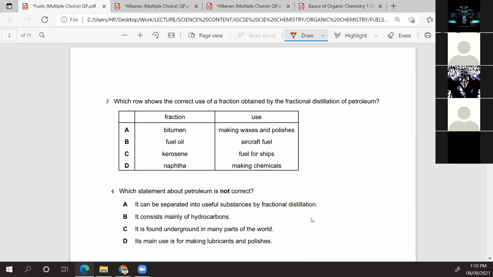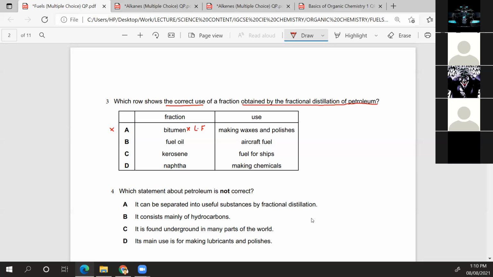Which row shows the correct use of the fraction obtained by fractional distillation of petroleum? Bitumen is not for making waxes and polishes. It is lubricating fraction. So this is not the answer. Aircraft fuel is for fuel oil. Is that answer correct? Aircraft fuel, is it fuel oil?